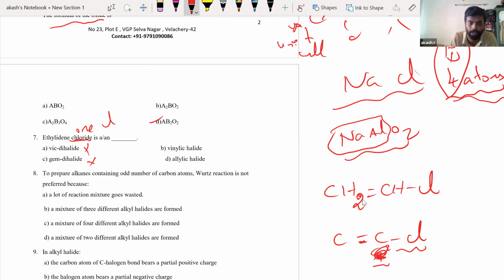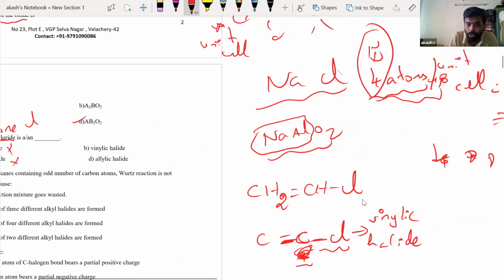We don't have to go into details, but if a functional group is directly attached to a carbon having a double bond, it is called a vinylic functional group. In this case, it's a vinylic halide.